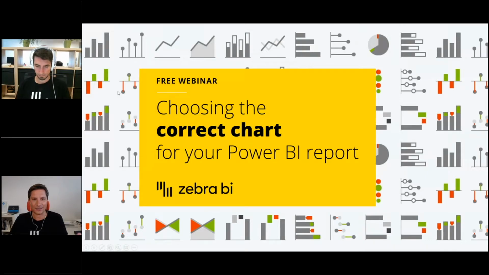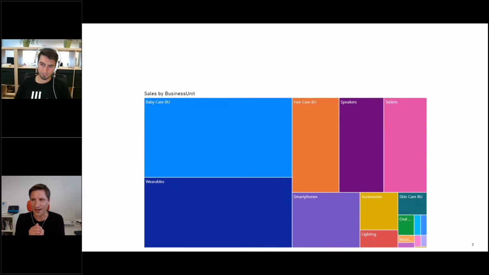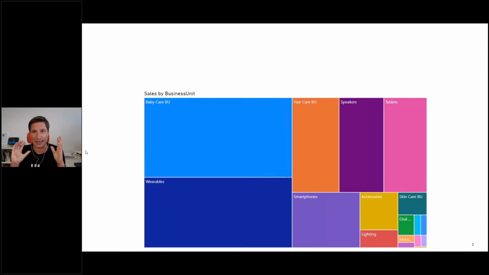All right, now the charts. The charts are supposed to answer questions related to data. So I took one of the most frequently used charts in Power BI, at least what seems to be one of the most frequently used charts in Power BI.